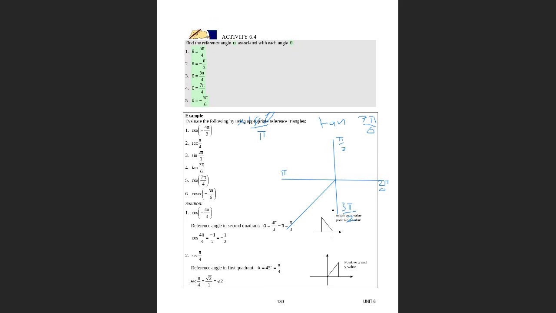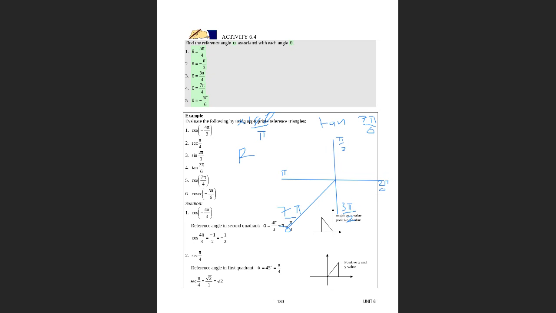So we are finding tan of 7 pi over 6. And in the third quadrant, tan is positive. So you have to keep the positive. But you must find the reference angle.